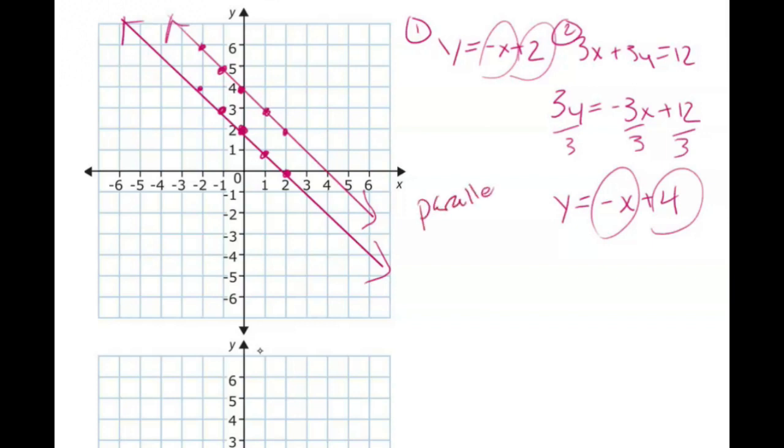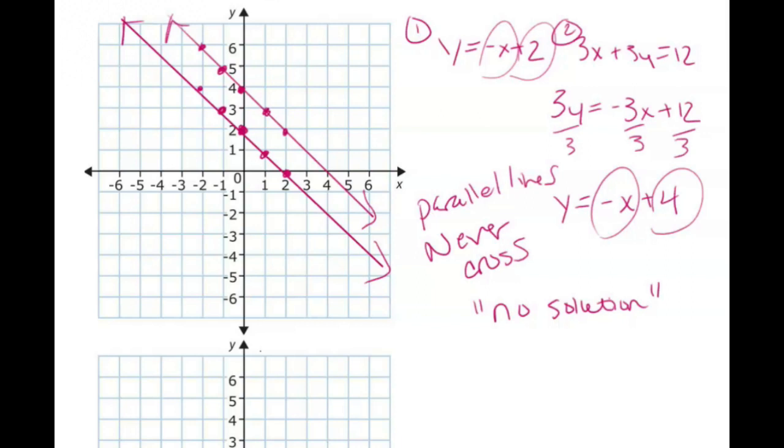So parallel lines never cross. And if they never cross, then this one is no solution. Right? So we were looking for the place of intersection. But if I have parallel lines, then they're never going to cross. And therefore, there's going to be no solution.